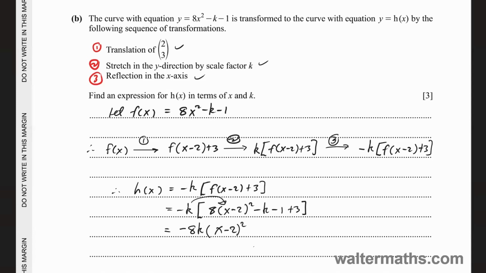And I'm also going to multiply −k by whatever we get from here, which is −k + 2. So this can be written as −8k(x − 2)² + k² − 2k. So this here is the answer.